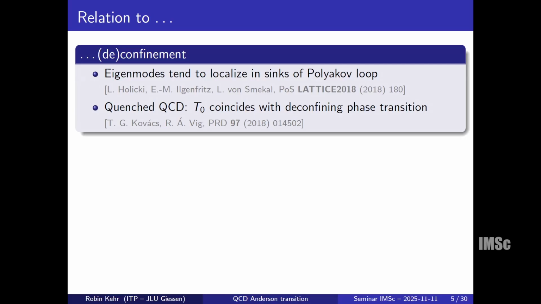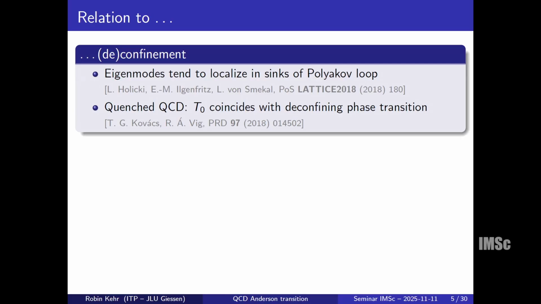The meaning of this localized in sinks, because Polyakov loops are like Wilson loops running in the time direction. So if you take the trace and then the real part, where the real part becomes low. So it looks somehow like this, right?